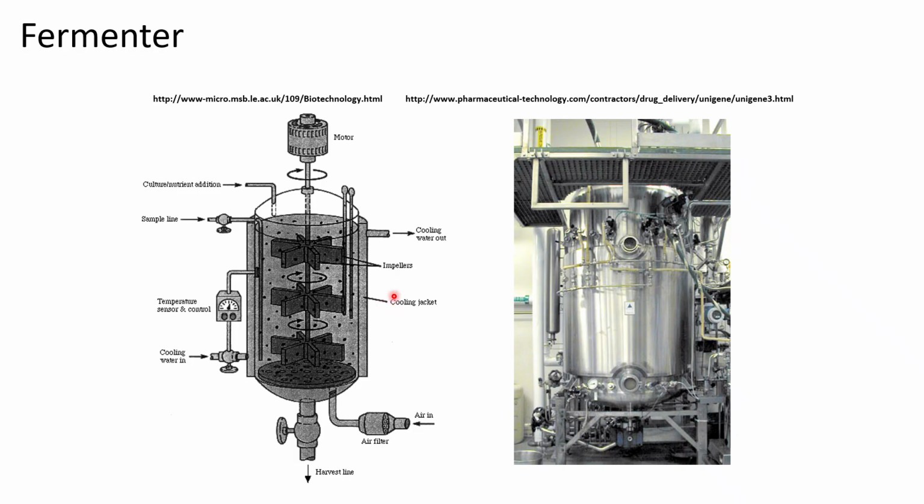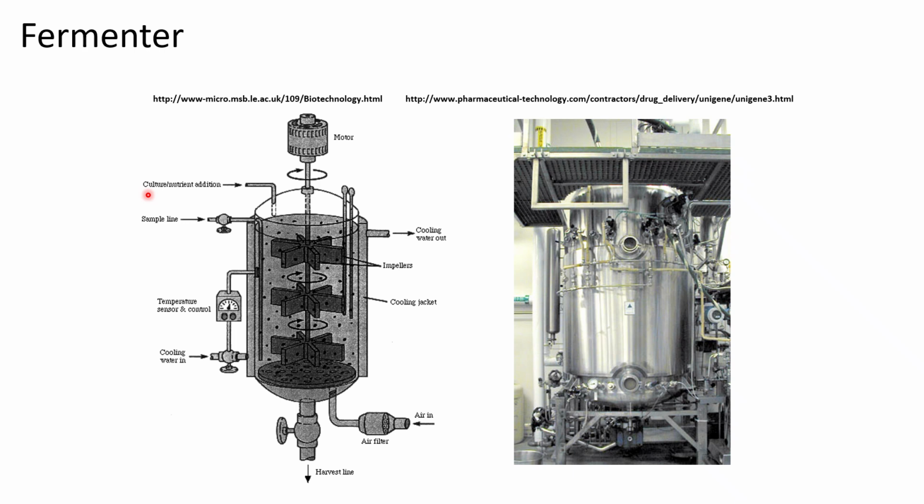And so this cooling jacket will have an inlet for the cooling water down here, and then an outlet for the cooling water. And then in order to maintain the temperature inside here, there will be a temperature controller. This controller is hooked up to a temperature sensing device inside the tank. It'll decide how much cooling water to allow to flow around the cooling jacket in order to keep the tank at a constant temperature.